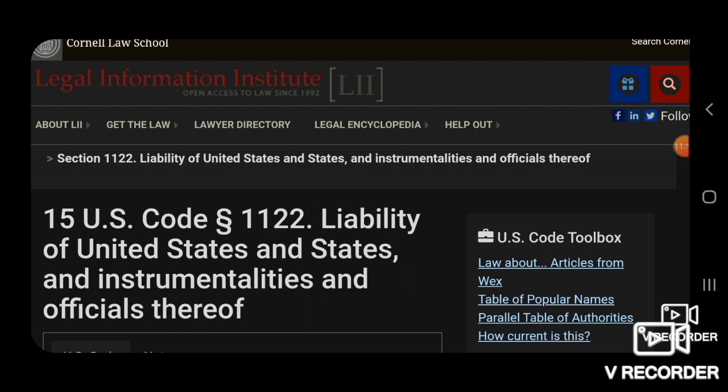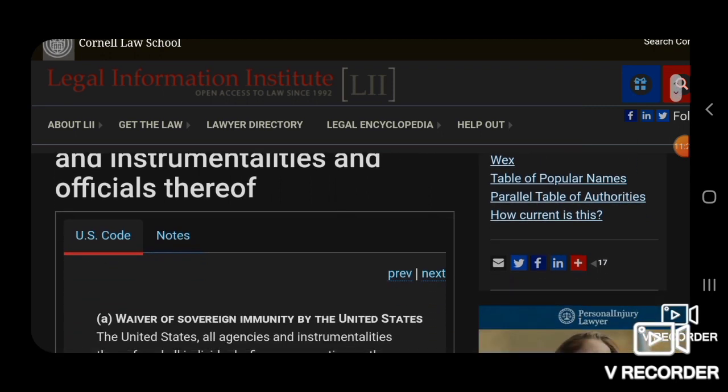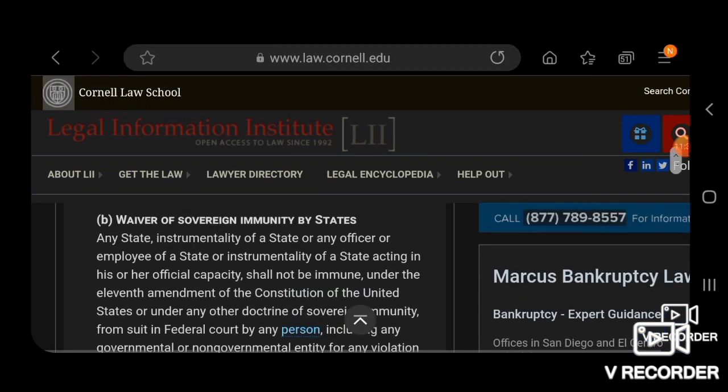The nature of the act was that they used it for some form of independent contractor, agency, or instrumentality or state gain. That is why Title 15 has that the liability of the United States is a waiver of sovereign immunity by the United States. And it also explains in B, the states.